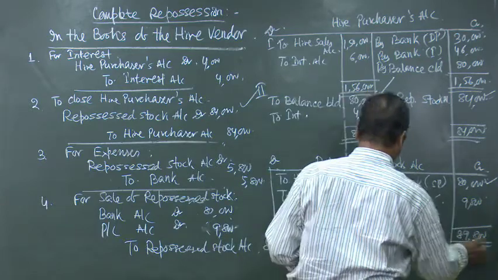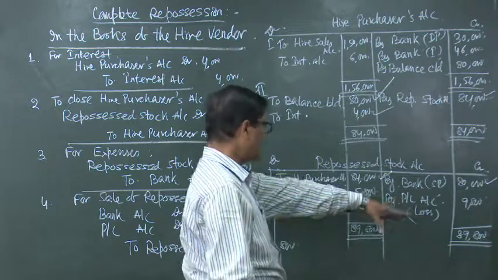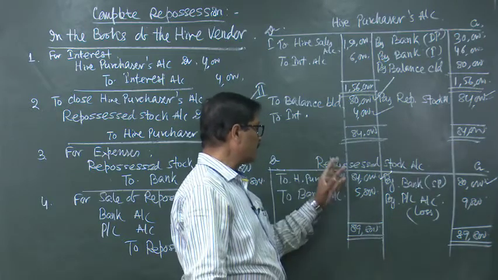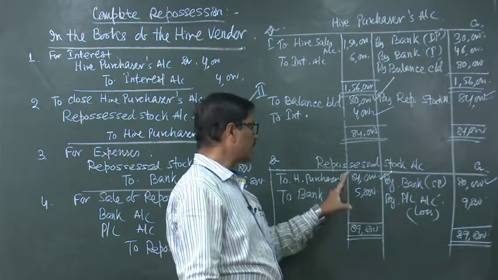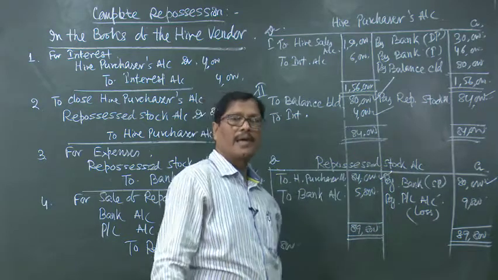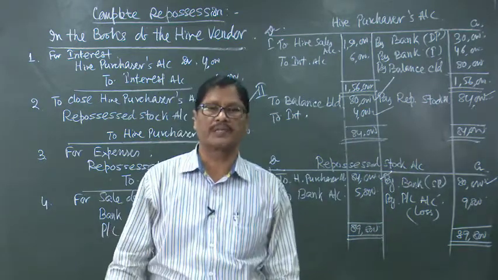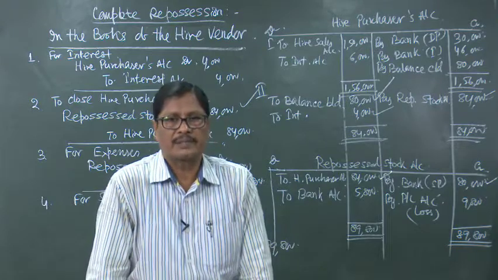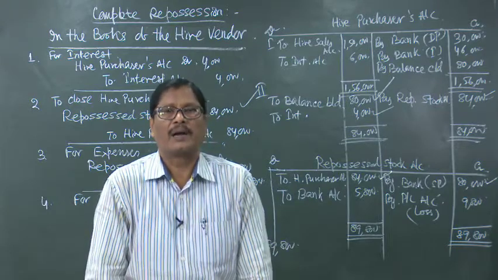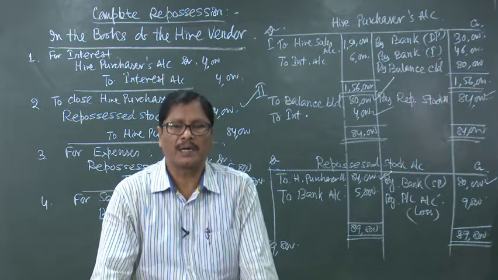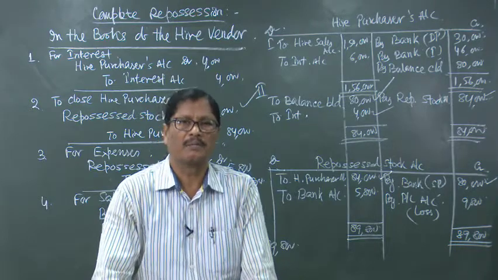So, in this way, 89,800 comes on the credit side and also 89,800 on the debit side. In this way, this account, that is repossessed stock account, is closed. So, this is all for the hire purchase system, both in the books of the hire purchaser and in the books of the hire vendor. Thank you.